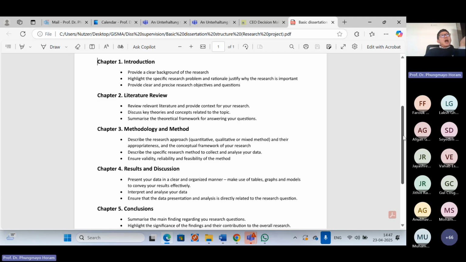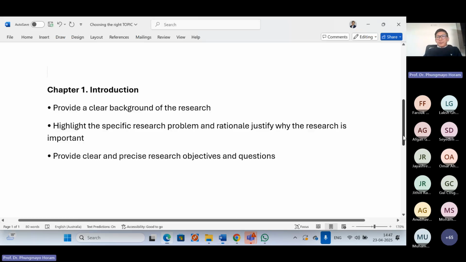How many words should be out of the 12,000? How much should be chapter 1? 300 to 500. Okay. Any other thoughts? Like 2,000. Okay. All right.